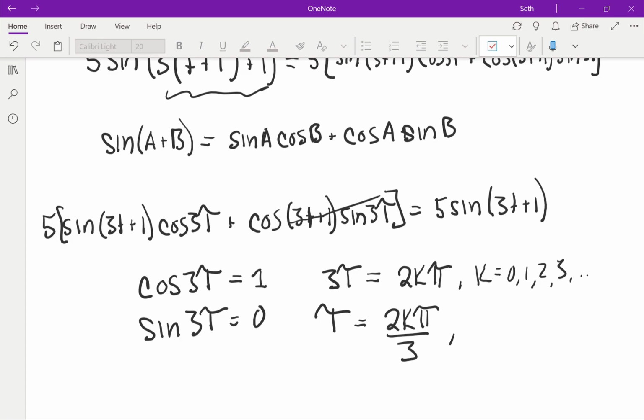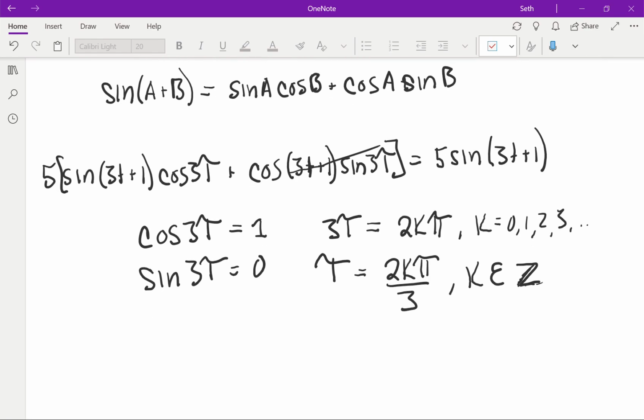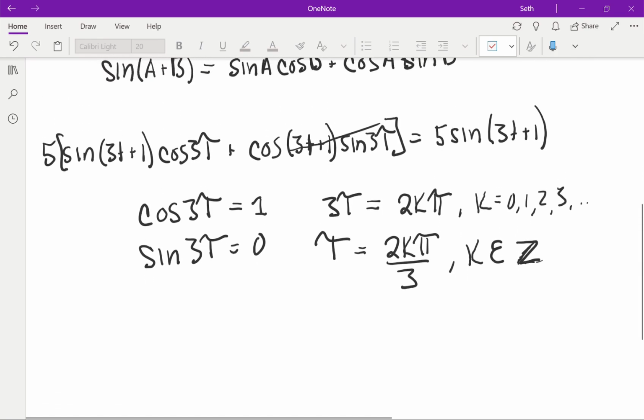And we would write shorthand, we would say k is in Z, and this Z symbol right here is just the symbol for the set of integers. You'll probably see that at some point if you haven't seen it yet.